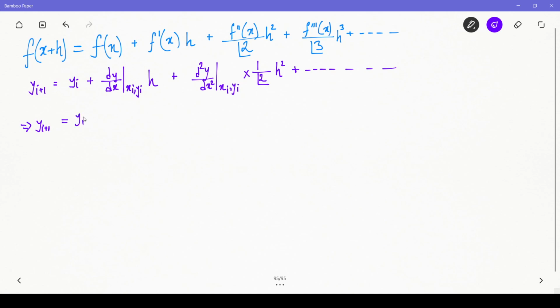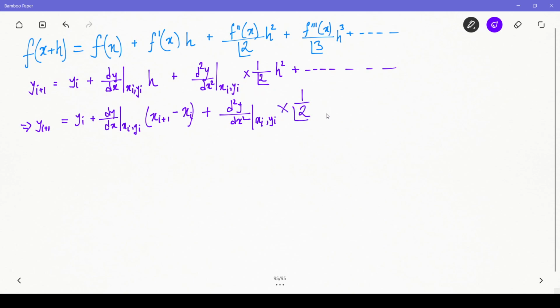So we can rewrite it as yi plus dy dx at the point xi comma yi, times xi plus 1 minus xi, the point that is ahead minus the point that is behind, or the succeeding point minus the preceding point, plus d square y divided by dx square at the point xi comma yi times 1 divided by 2 factorial.